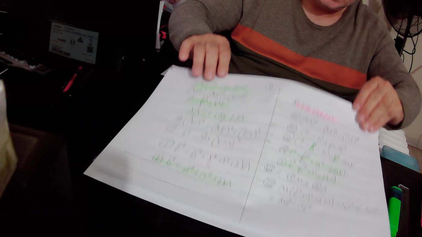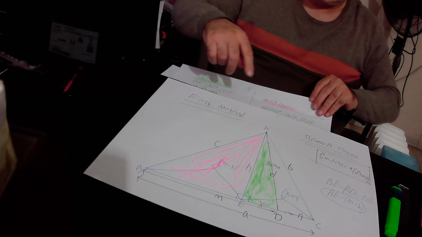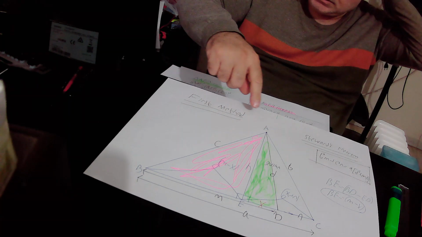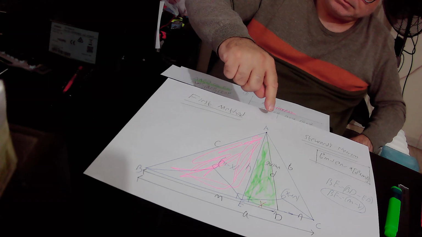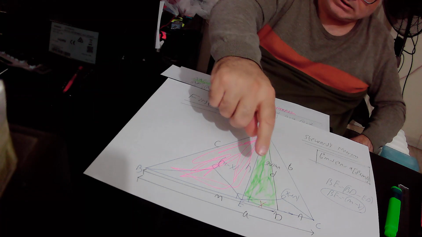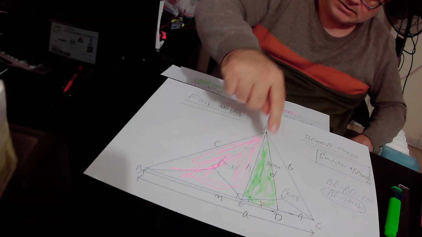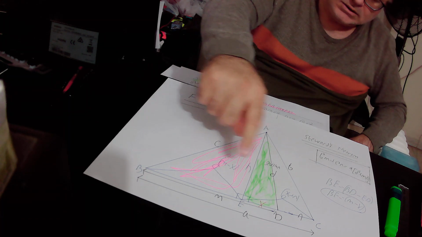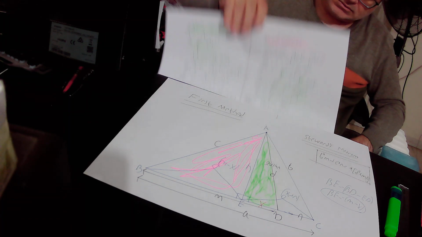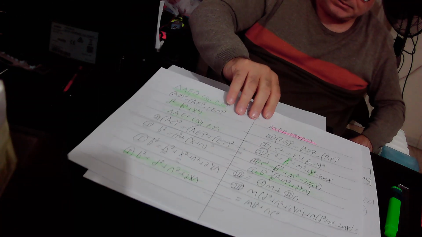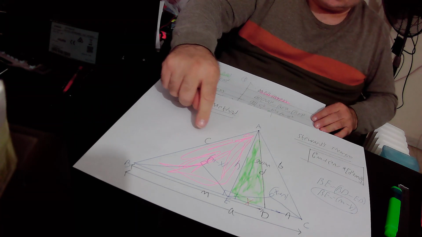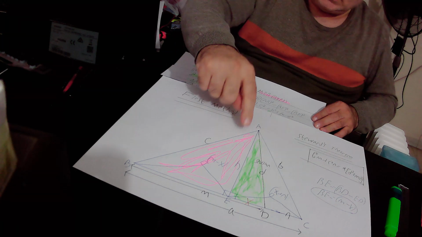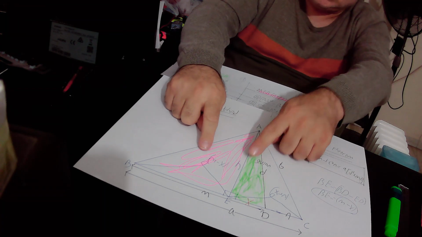Then we implemented the Pythagoras theorem on the right triangle AEB. According to the Pythagoras theorem, in the right triangle AEB, AB squared equals AE squared plus BE squared. The hypotenuse AB equals c units in its length, AE equals h, and BE equals m minus x.